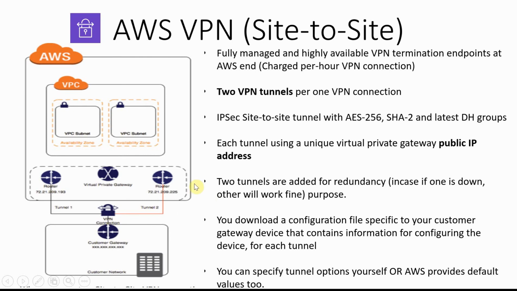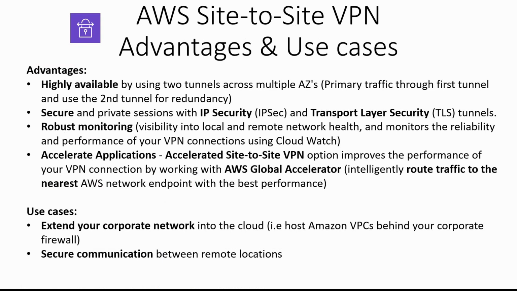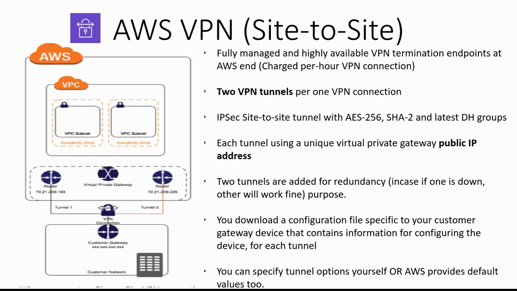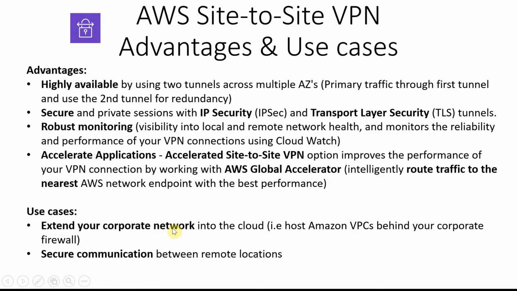So it supports multi-AZ as well. Let's say you're growing and you want to add more support in US East 1A, Virginia location, and you want to do 1A, 1B, 1C locations. So you have VPCs in all these availability zones. VPN is supported by default. Again, that's all completely managed by AWS.